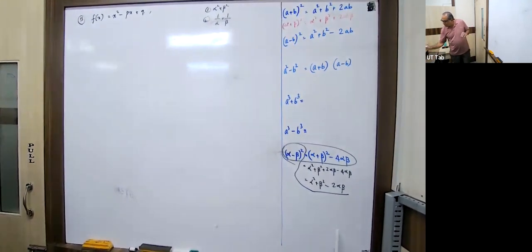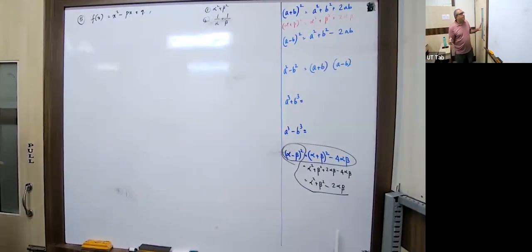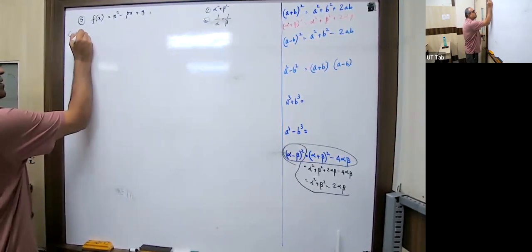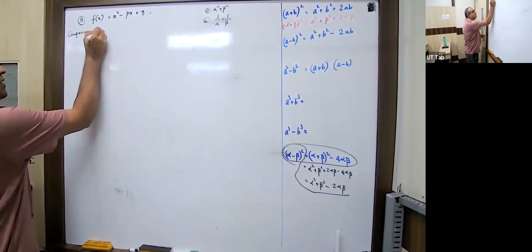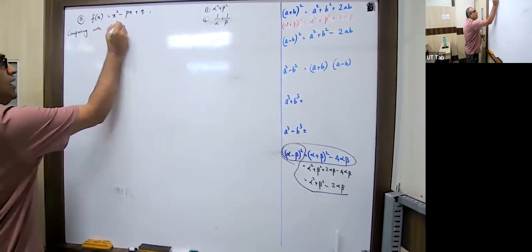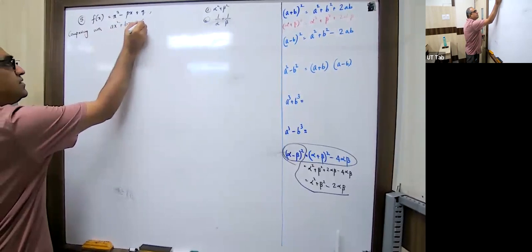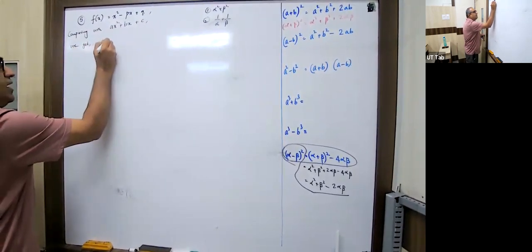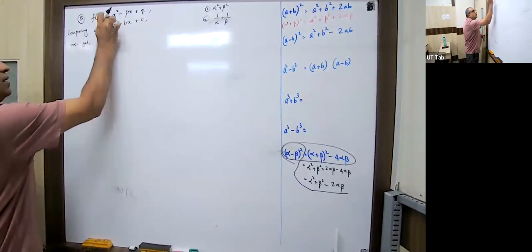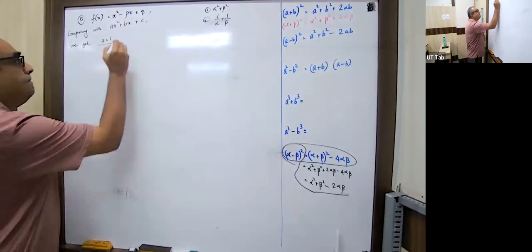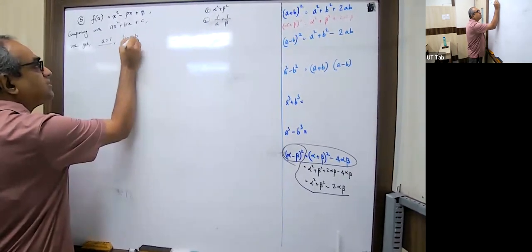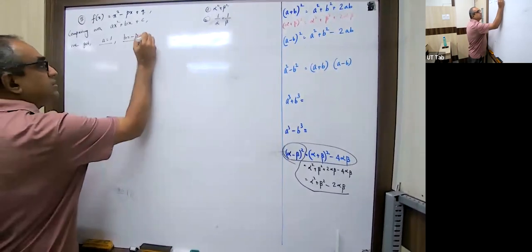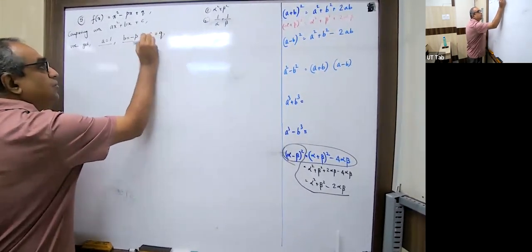First step in these type of sums, सबसे पहला step, comparing with ax squared plus bx plus c, we get a is 1, correct? B is minus p, c is q.